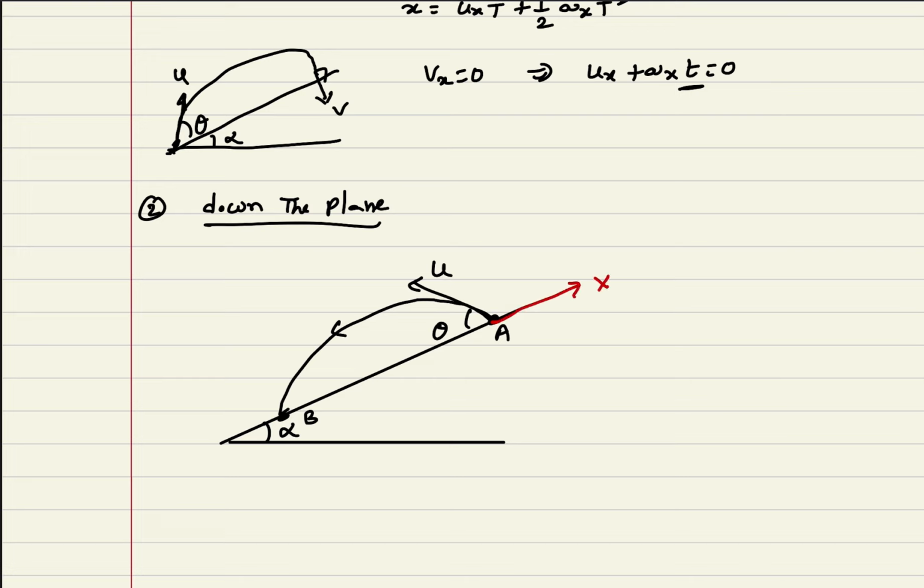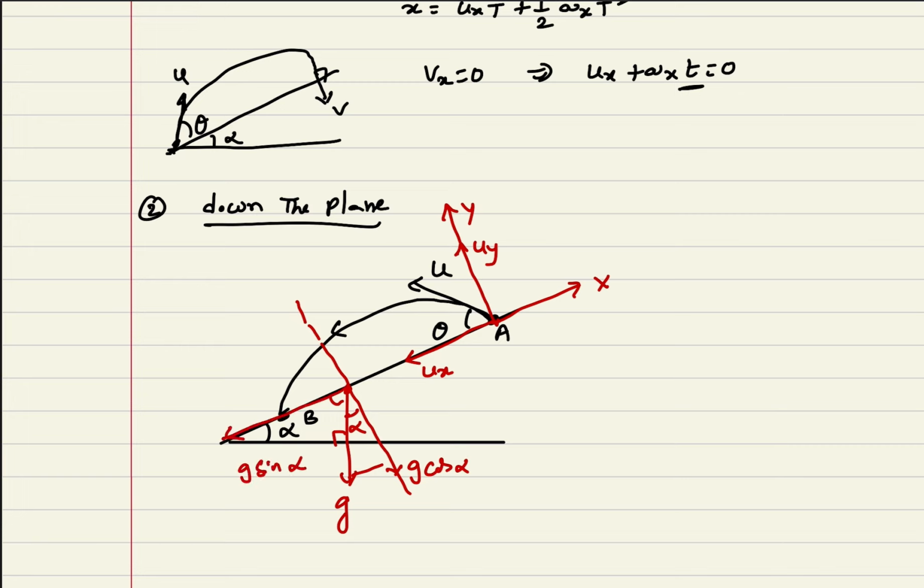My x-axis is like this and my y-axis is like this. If I take the components, this is u cos theta, ux, and uy is like this. Similarly, I can resolve g into components, as it is 90 degrees, 90 minus alpha, and this value is alpha. We can write g cos alpha, and along this line you can see g sin alpha.